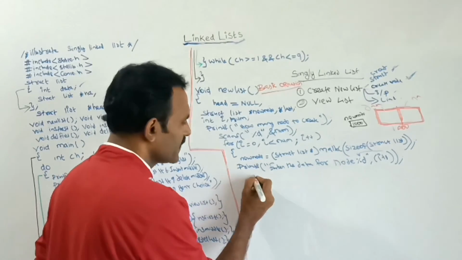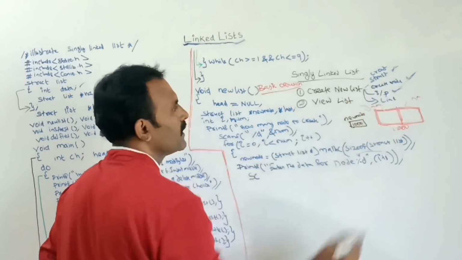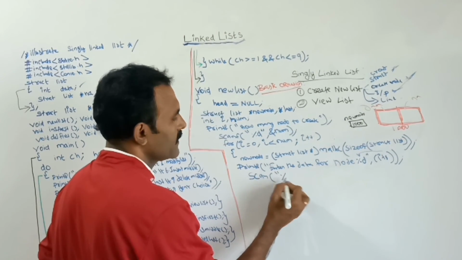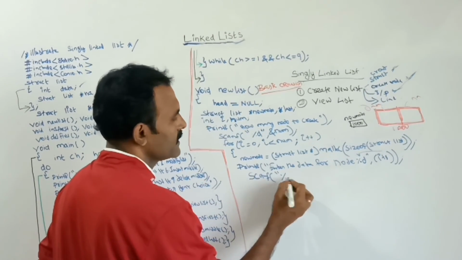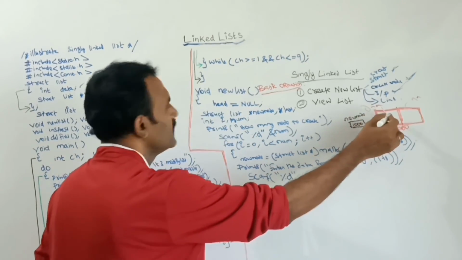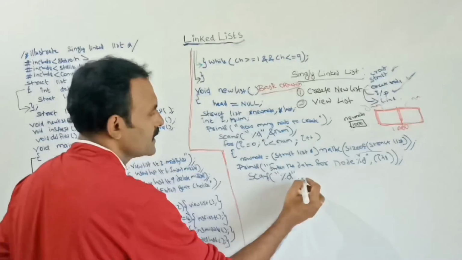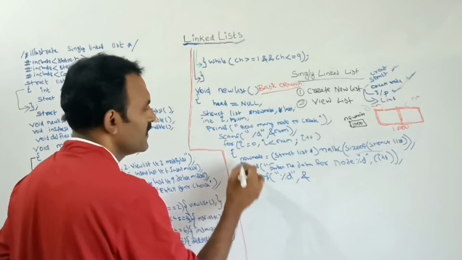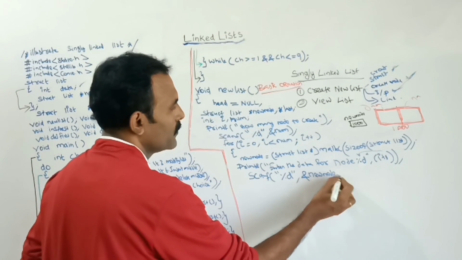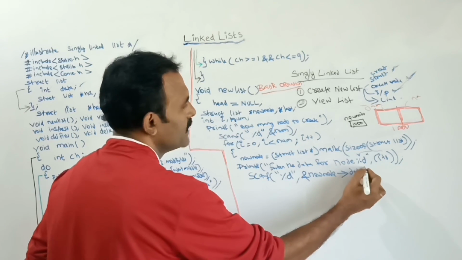After that we can give the input by using this. Now this is the input part. I am giving the input by using this scanf function, with %d. What kind of data am I going to store? Here the data part is an integer data type. So I am using %d. Next ampersand of, we can give it like that, that is new node of, I am going to give the data.